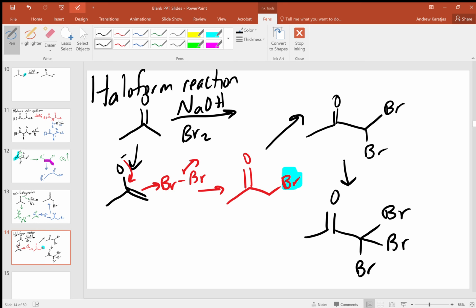And so now on that methyl group, we've replaced all three hydrogens with bromines. Now, that's a very electron withdrawing group. And as long as there's still hydroxide present, it'll encourage hydroxide to attack the carbonyl.